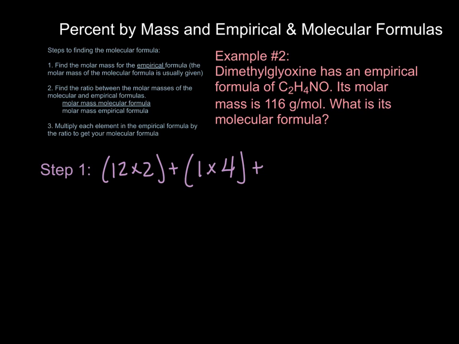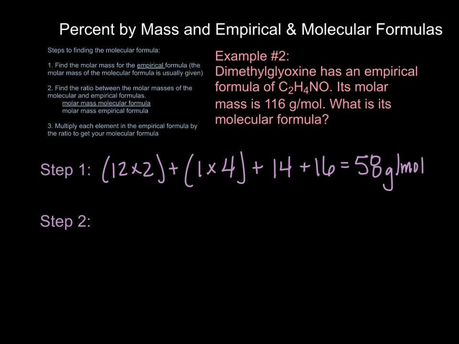And I have 1 nitrogen with a molar mass of 14 grams per mole and an oxygen with a molar mass of 16 grams per mole. So when I calculate this out, I get 58 grams per mole is the molar mass of my empirical formula.